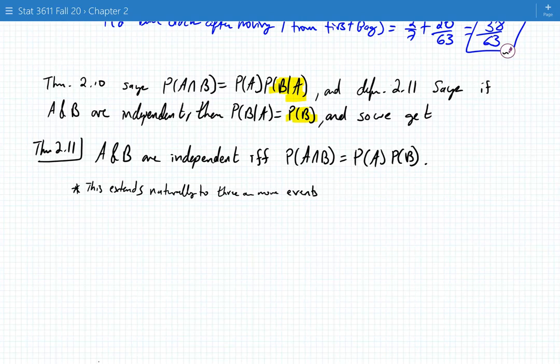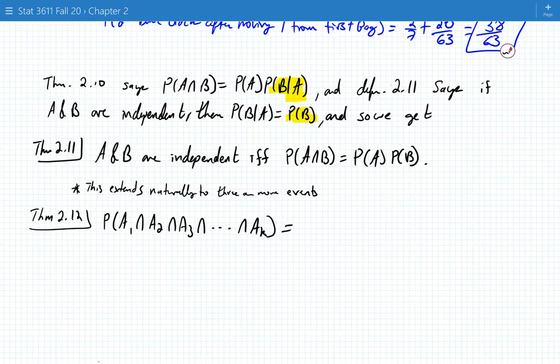Okay. I also want to mention right now Theorem 212 and then show a little bit of interplay between these two things here. Theorem 212 says the following. It says the probability, speaking of extending to more than 2 events, let's say we have A1 intersect A2 intersect A3 intersect yada yada yada. Let's say we are intersecting K events.